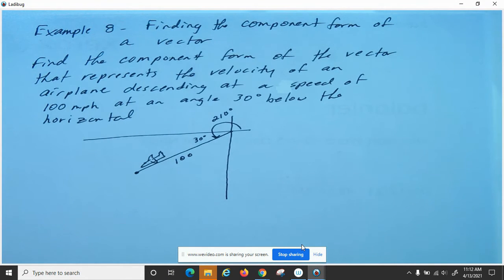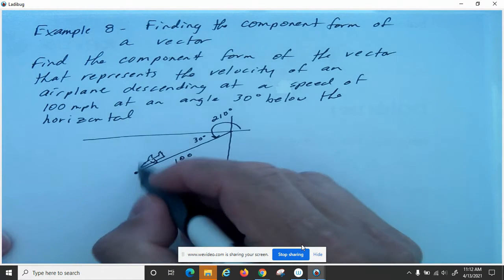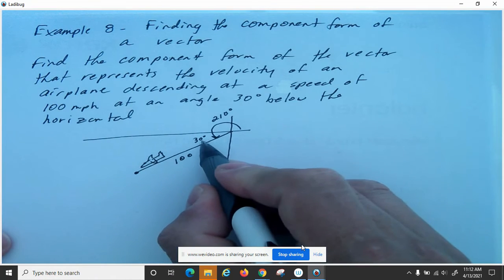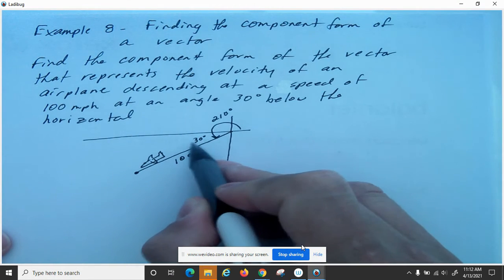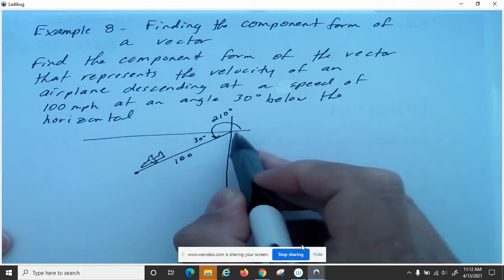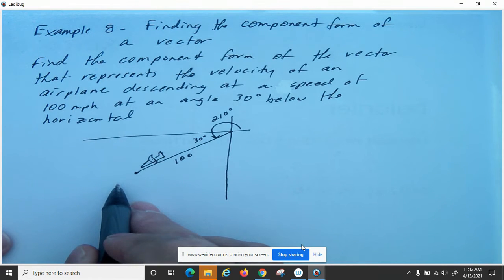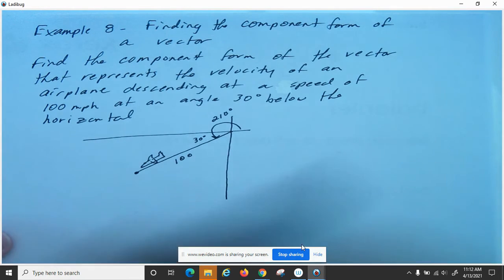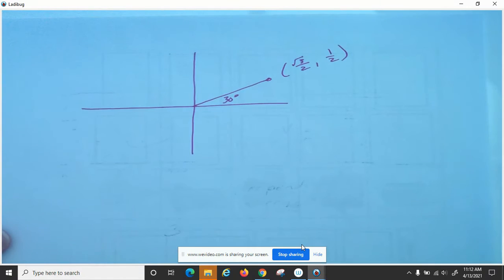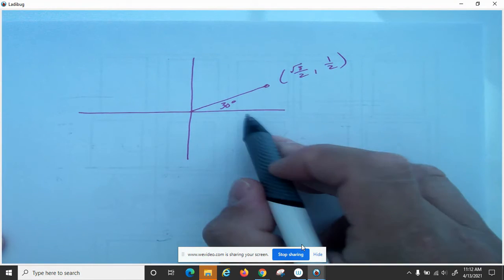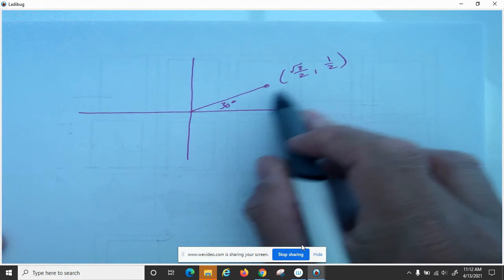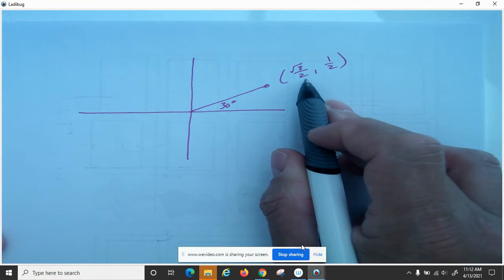Now, first thing I need to know is what is the cosine of a 30-degree angle, not the 210, but of this 30-degree angle. Now, I do know it is in quadrant 3, so I know cosine will be negative. So it's going to be helpful for you to always know your unit circle. This is a 30-degree angle. In the first quadrant, it has an ordered pair of square root of 3 over 2 and 1/2.